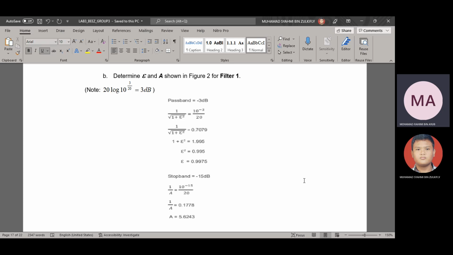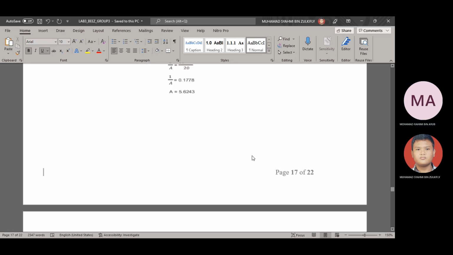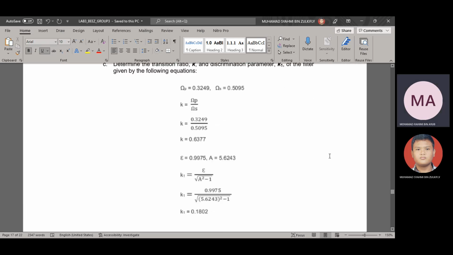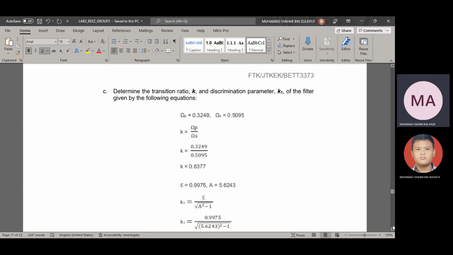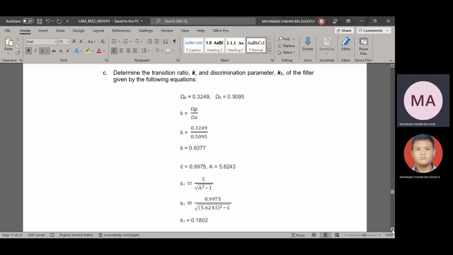For the stop band it is equal to -15 decibel. Then we put it into the formula and then we got 5.6243.